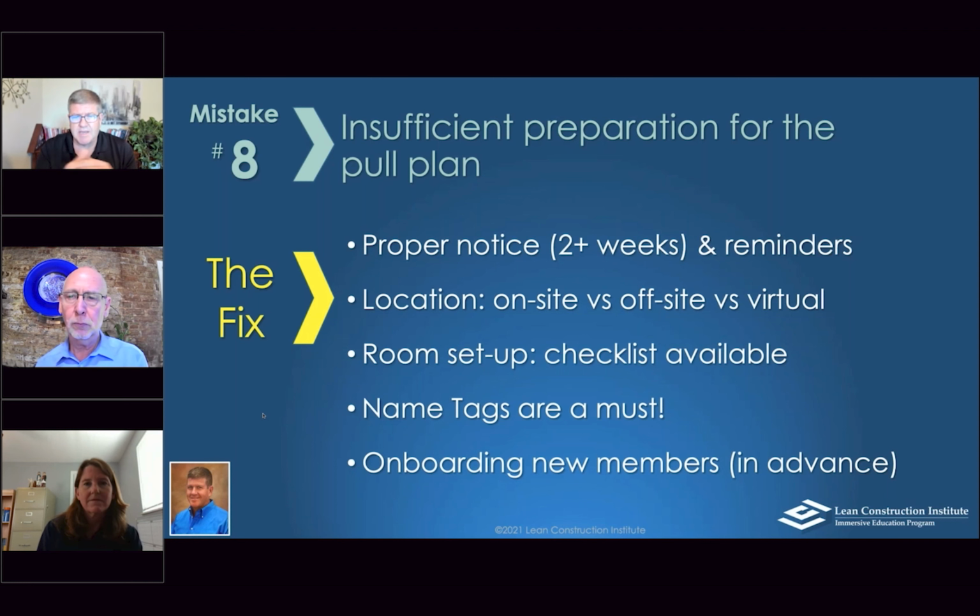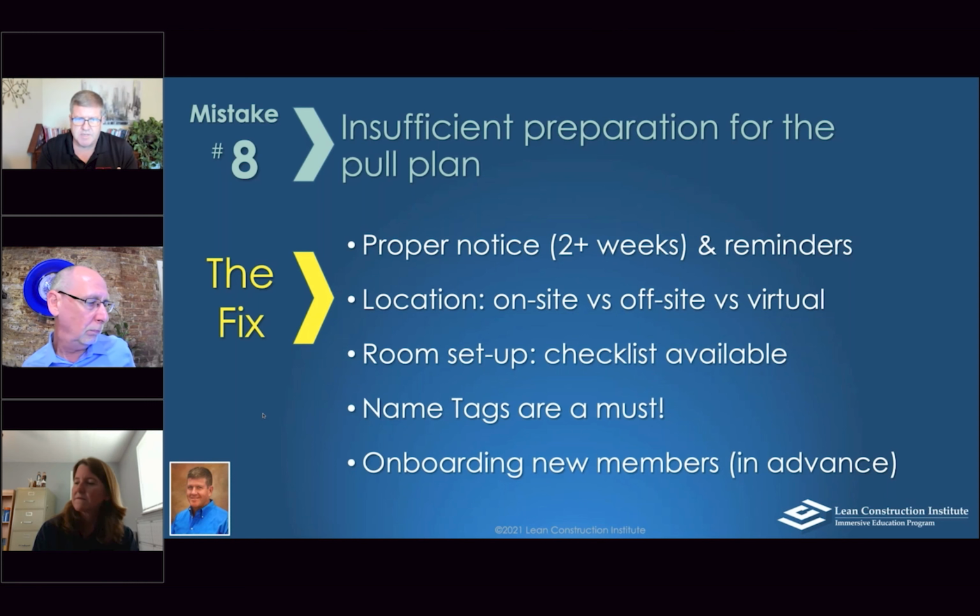A lot of times I get the question of who should be there. Does it need to be a foreman? Does it need to be a superintendent? And I say, well, I don't know. Everybody's company is different, and every title means something a little different as far as what they're able to do and make commitments on. But the big thing is that the person who shows up to the pull plan needs to be able to make commitments on behalf of that company, to say, yes, I can have 8 painters on site for 7 weeks to get this phase of work knocked out.